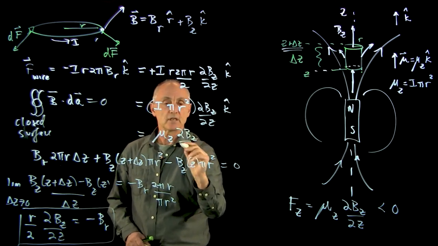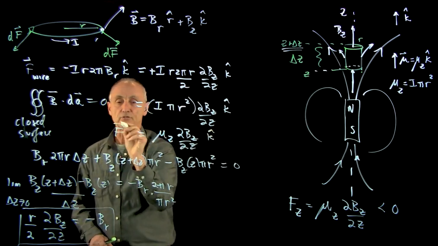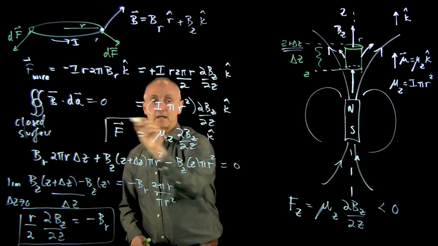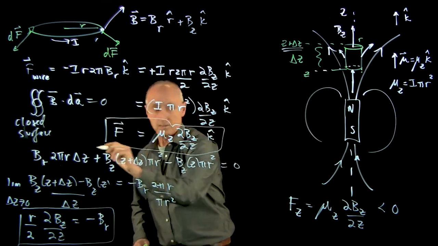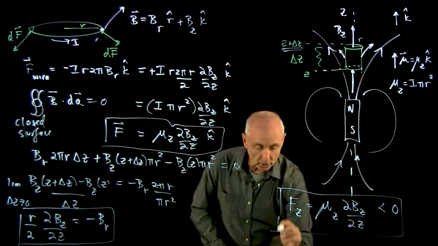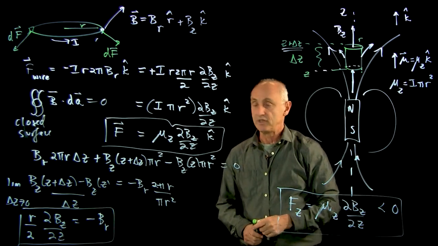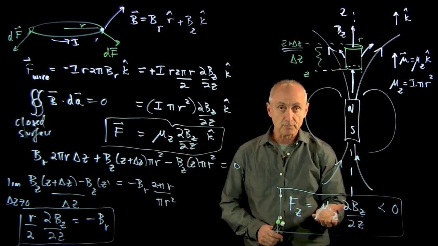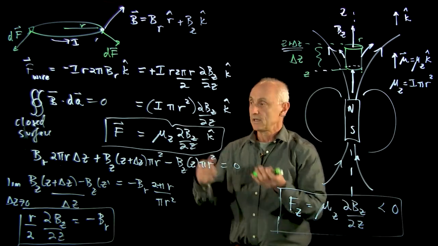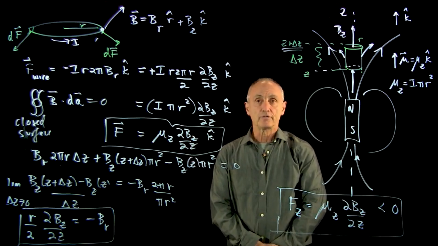The second piece is that derivative, k hat. And that's the force along this axis. And that's exactly what we claimed when we said that the z component of the force on a dipole in a magnetic field is equal to the z component of the dipole moment times the gradient of the magnetic field. This is a beautiful application of Gauss's law for magnetism.